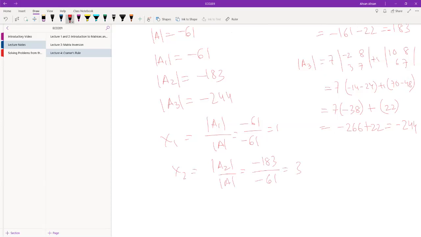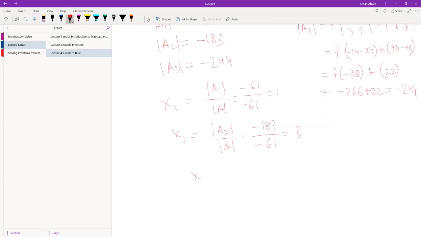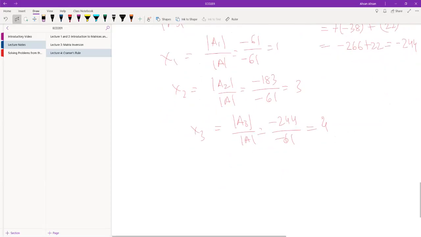So that's 3. We don't need this anymore. A3 by A, so minus 244 divided by minus 61, so 4. And there you have it. We found x1 is 1, x2 is 3, x3 is 4.